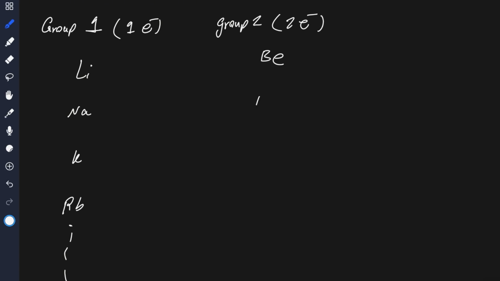Group 2: beryllium, magnesium, calcium, strontium, and so on, all of them have 2 electrons, and group 1 has 1 electron. Group 13 have 3 electrons, like what?